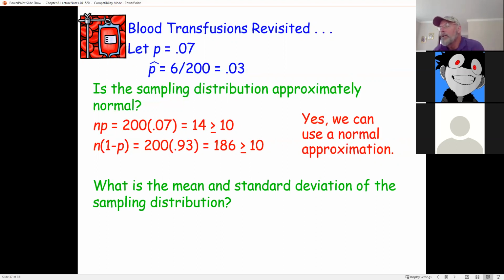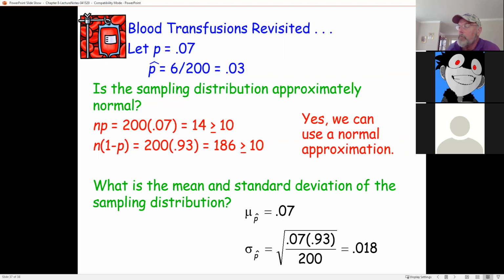So what is the mean and the standard deviation of the sampling distribution? The mu of p hat is going to be 0.07, and that was the original proportion, and 0.018 is the standard deviation of that same proportion.